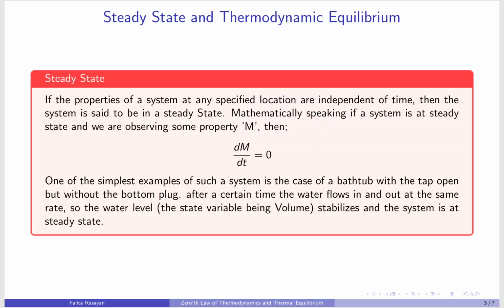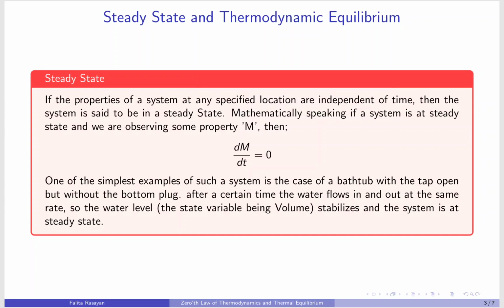To give an example, say we are filling up a bathtub with the tap open and there is no bottom plug which prevents the water from leaking out. As the water is pouring inside the tub, a portion of it is leaking out from the bottom.